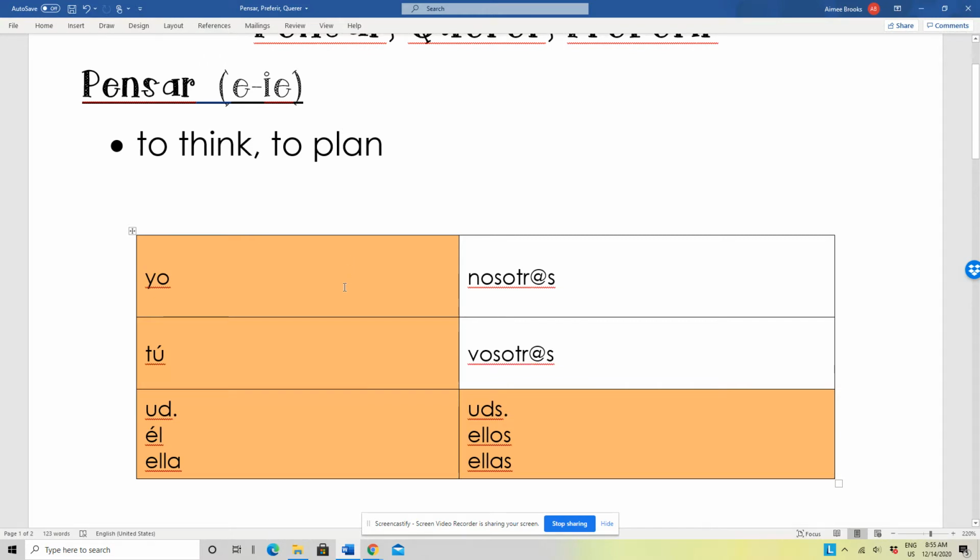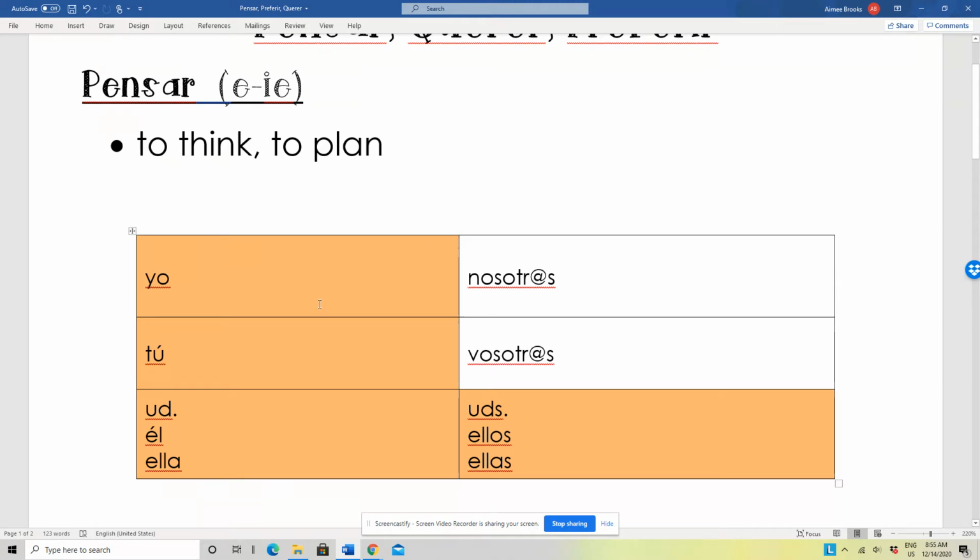They're referred to as boot verbs or shoe verbs because when you look at the shape that it makes in the chart, it looks like an awkwardly long toe boot. But it looks like a boot nonetheless. So when you're conjugating these verbs, sometimes you have to visualize this chart in your head to remind yourself of where that vowel change happens.